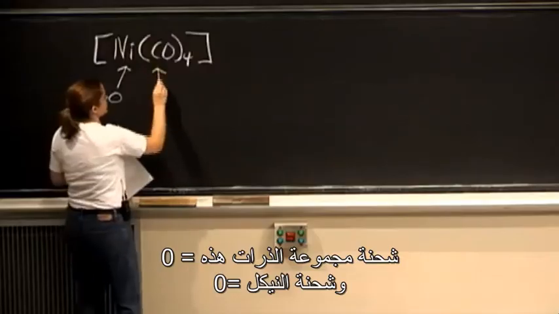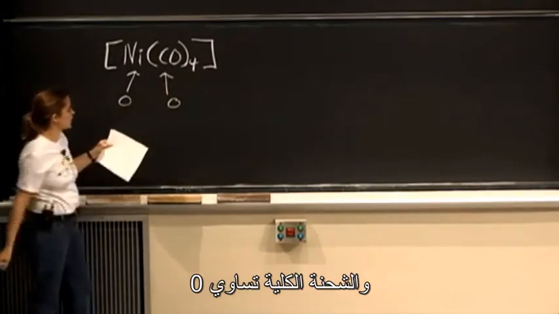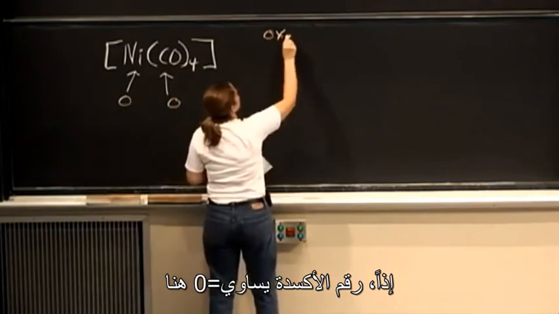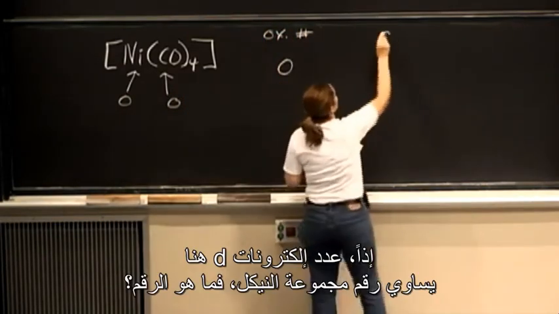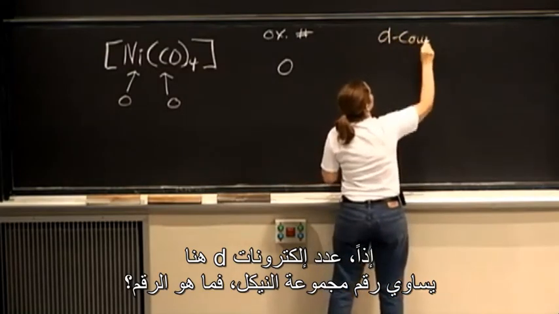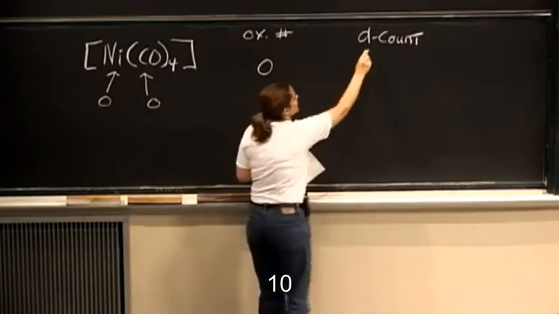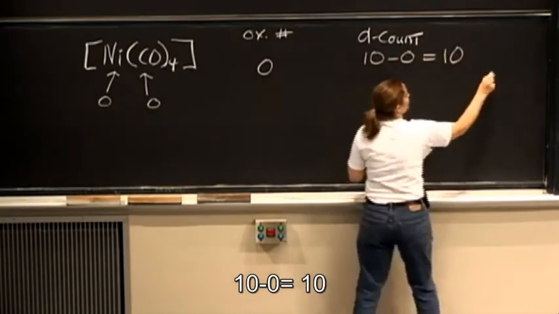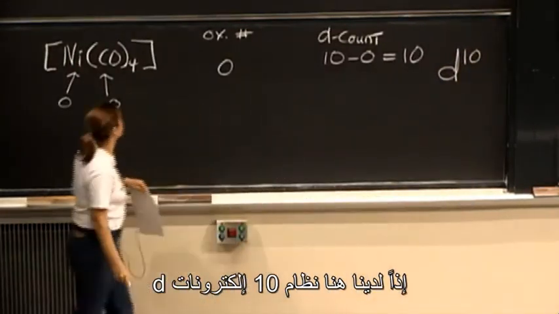CO is 0, and the overall charge is 0, so our oxidation number here is 0. So for our d count, what's the group number for nickel? 10. 10 minus 0 is 10. So we have a d10 system.